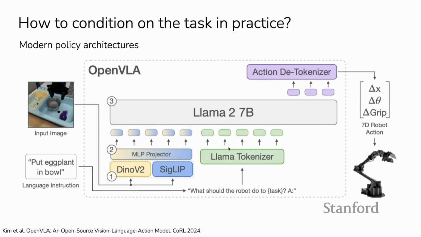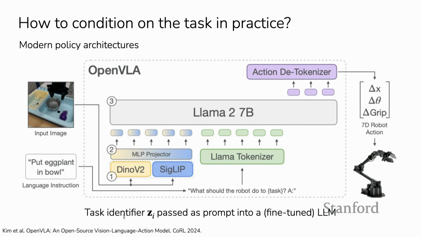Pass those in as tokens to a language model, and then output the actions and train the whole model, including the image encoder and the text encoder, end to end. So here you can view the task encoder, the task identifier z_i, as basically the prompt for the model.